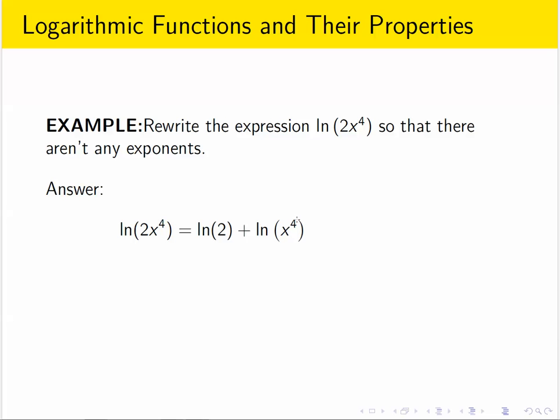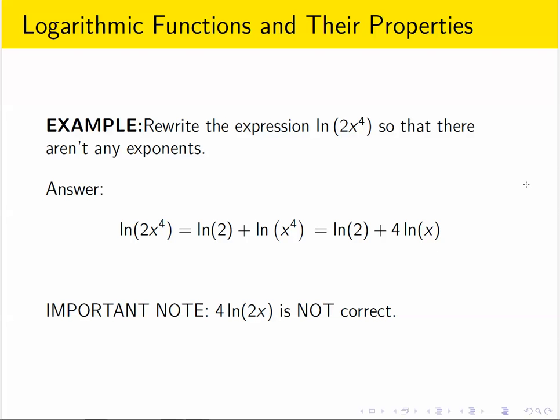Once I've split it up like this, 4 is an exponent of this x, and so the property we just learned that allows me to bring the exponent out front allows me to rewrite the expression this way, natural log of 2 plus 4 times natural log of x, and notice that there aren't any exponents left when it's written this way.